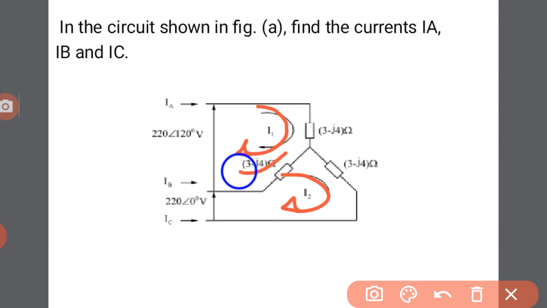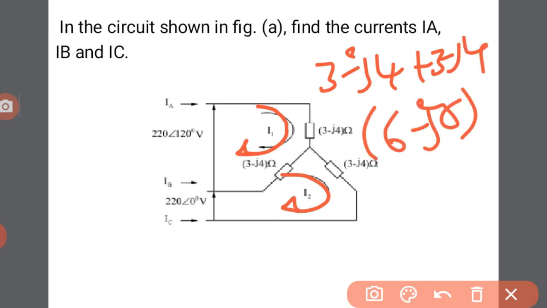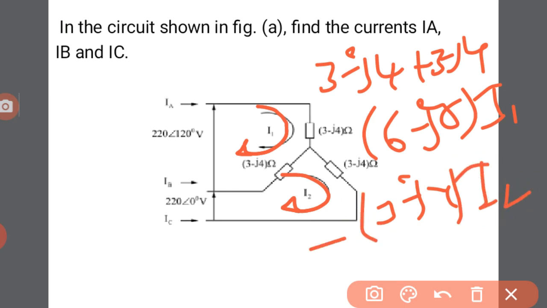The self impedance is 3 minus J4 plus 3 minus J4, that is 6 minus J8, into I1. Between loop 1 and loop 2 the mutual term is 3 minus J4 into I2. Loop equation 1 is equal to 220 angle 120 volts.